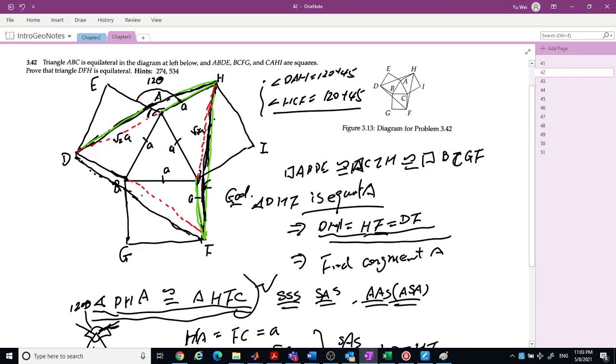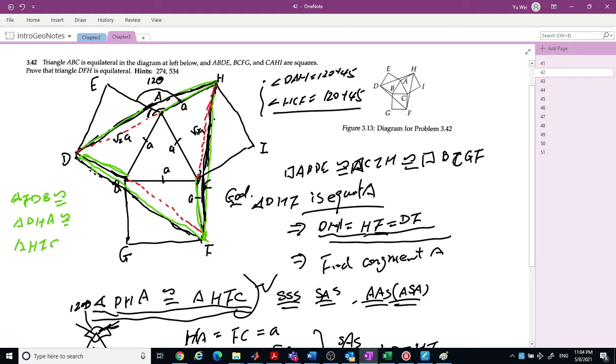The same on the other side, right? You can see there is another congruent triangle. Let me show you here. So that's this one. Let me write here: triangle FDB congruent to triangle DHA congruent to triangle HFC.